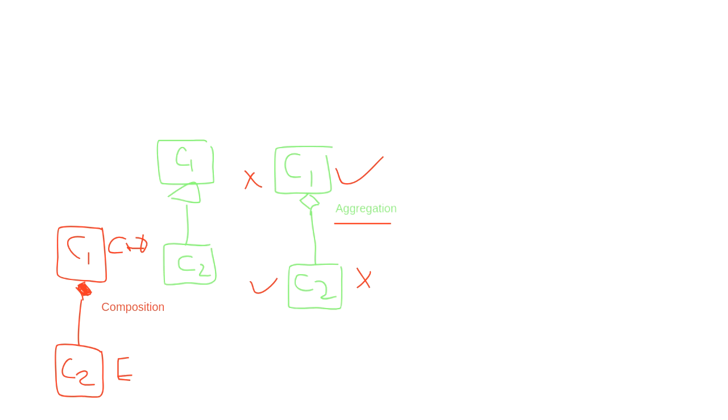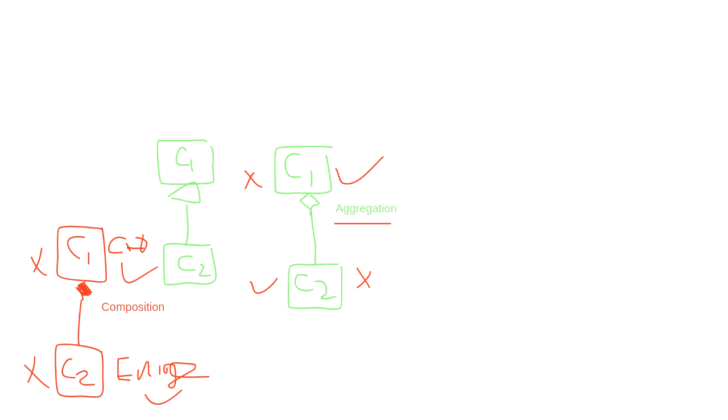Now tell me, can a car exist without an engine? No. So if you remove the engine from the car, then what happens? The car doesn't work. If you have the engine, then the car works, right? So there is a dependency between these two classes. Then this is called composition.